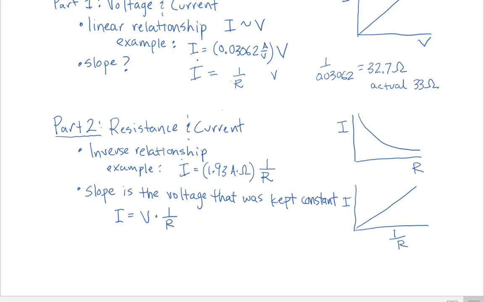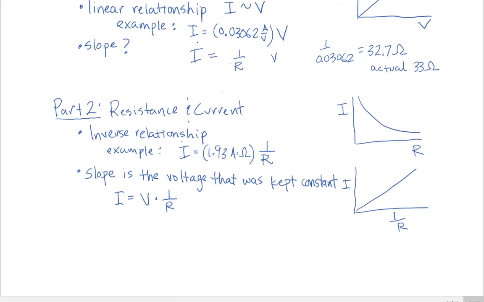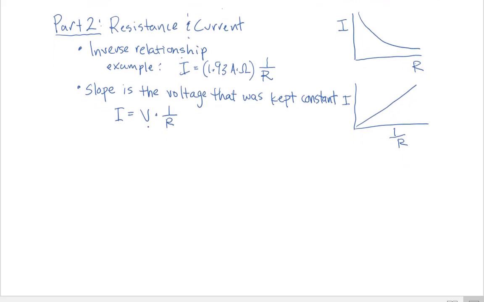All right. So I'm assuming that that worked out well for you. If it didn't, you can ask me questions and I can try to troubleshoot with you about it or something like that. So this relationship, I equals V times 1 over R that we came up with, if we put that together, that actually is a statement of the mathematical relationship of Ohm's Law.